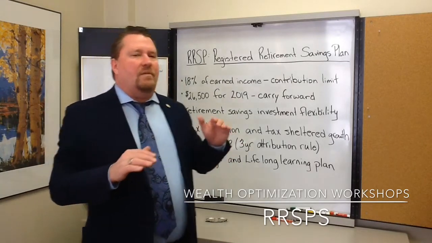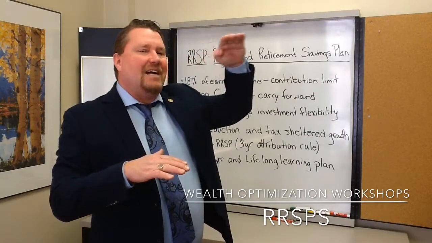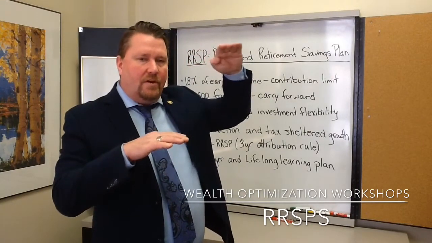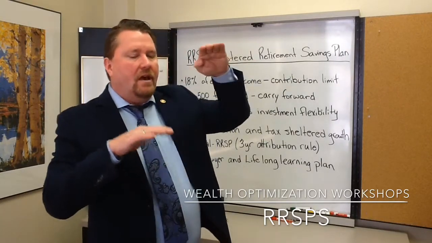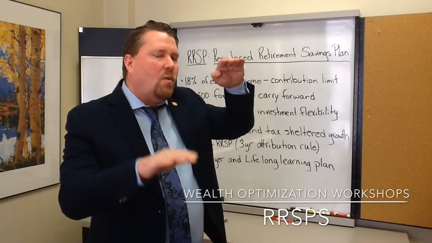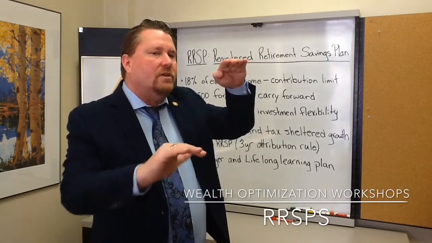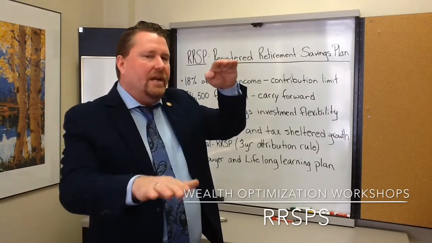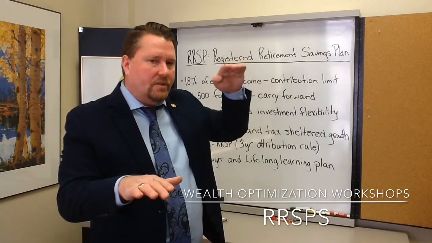Now, one thing to keep in mind, the person contributing the money gets the tax deduction. So the higher income earner gets the tax deduction this year when they contribute. However, the other spouse is the one that owns the money in the plan. They are the ones that will be pulling the money out in retirement and taxed at their income level in retirement, not the contributor.